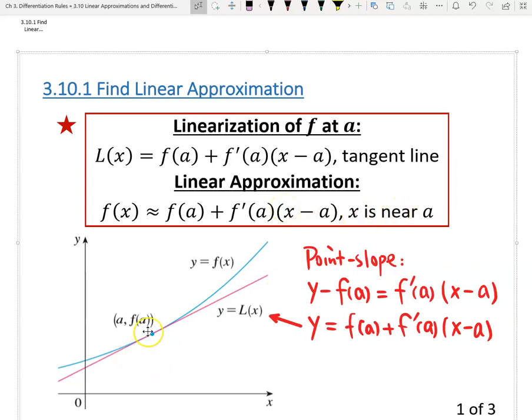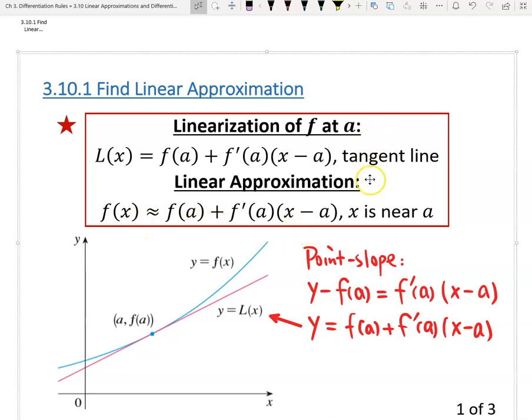If x is near a, then f(x) can be approximated by this linear function. This linear function is exactly L(x), which is the tangent line, right? We can use the tangent line to approximate the original curve around a.